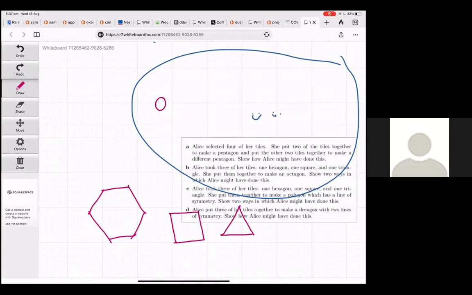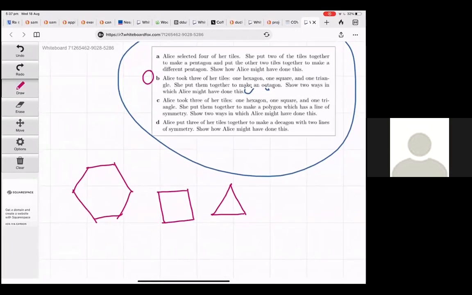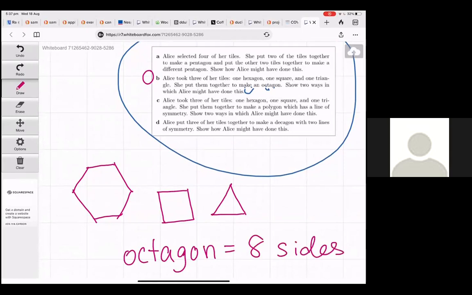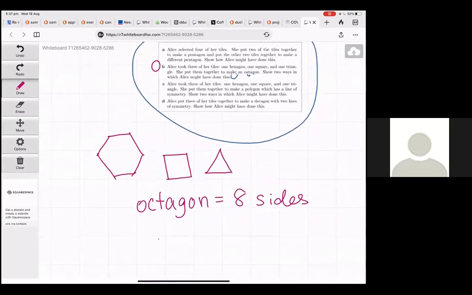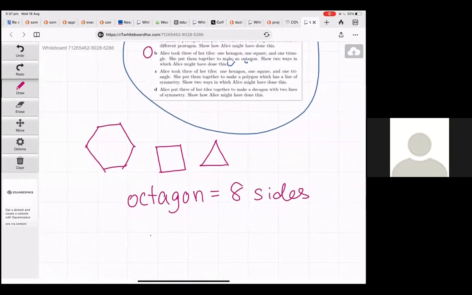She wanted to put them together to make an octagon. How many sides does an octagon have? 8. So we have to make a shape with 8 sides. Good. And we need to find 2 different ways again. We can only use one of each shape because that's what the question says.